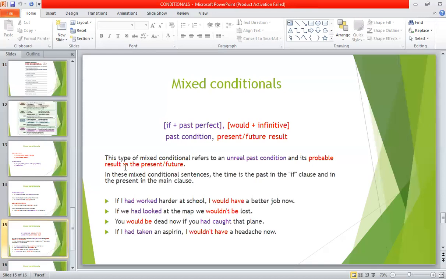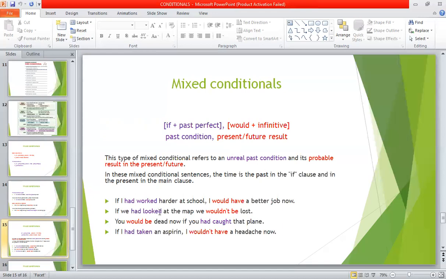Here he tells us the type of mixed conditional refers to an unreal past condition and its probable result in the present or future. So we use mixed conditional to talk about an unreal situation that didn't actually happen in the past, but it has an effect in the present or in the future.